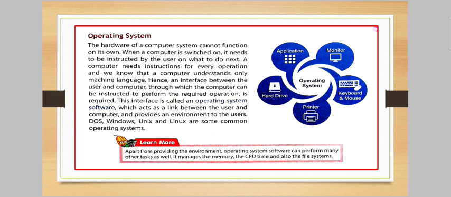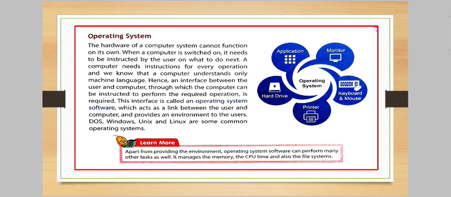Okay, we all know that computer understands only machine language, which is 0 and 1. So an interface between the user and computer through which the computer can be instructed to perform the required operation is required. The interface is called the operating system. Okay, that means operating system is the main communicator between user and the hardware.